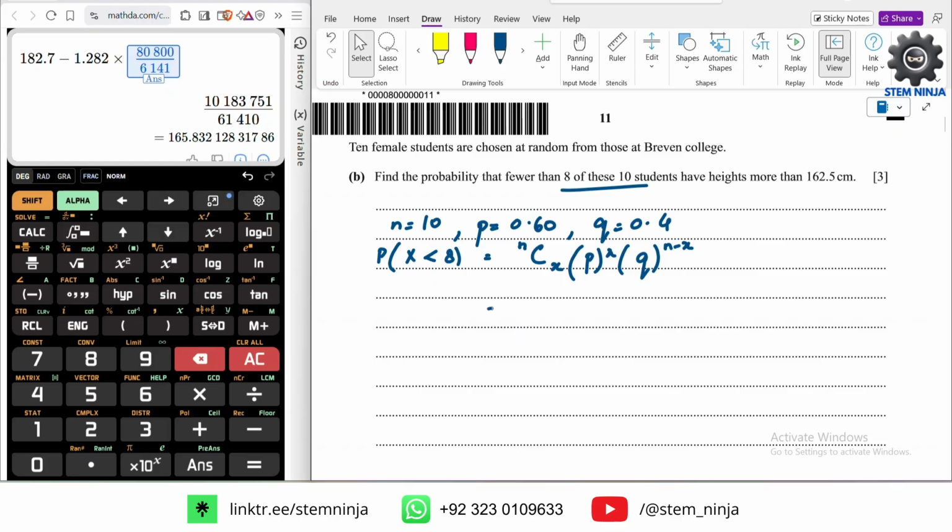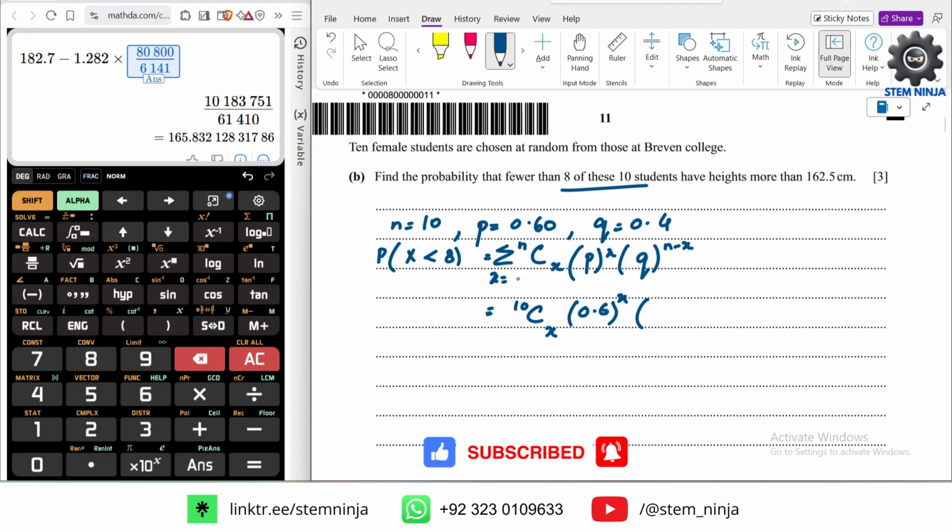So fewer than 8, so we have 10Cx 0.6 raised to power x, and this is going to be sigma also, right?